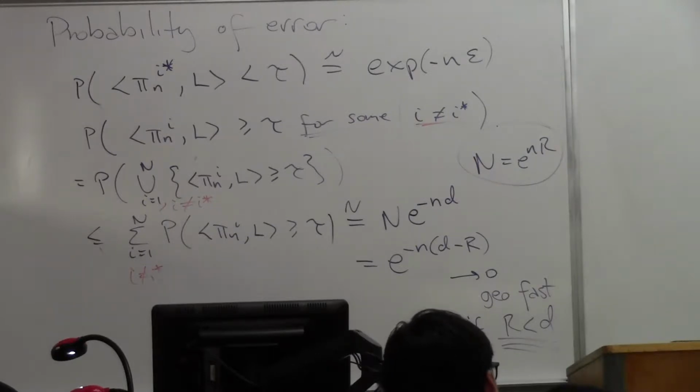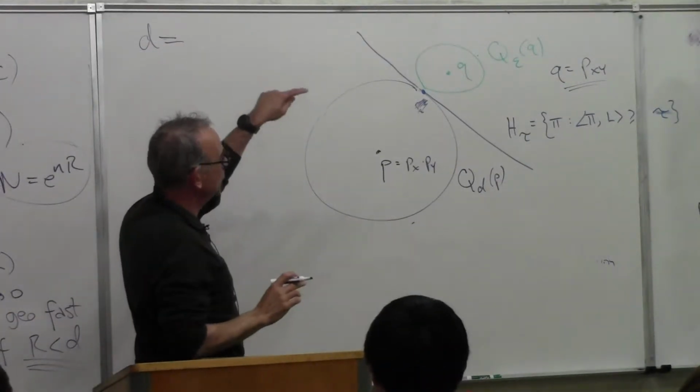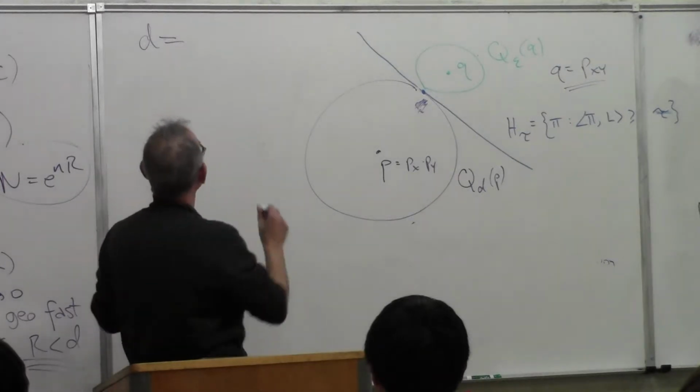And how big is that? The relative entropy between Q and P. So if I make D equal to the relative entropy between Q and P, that's no good.